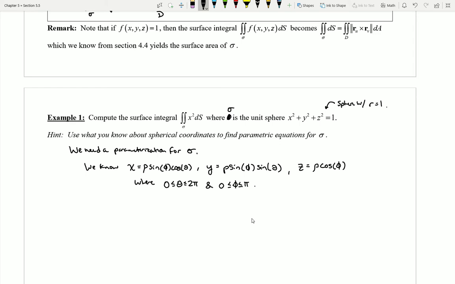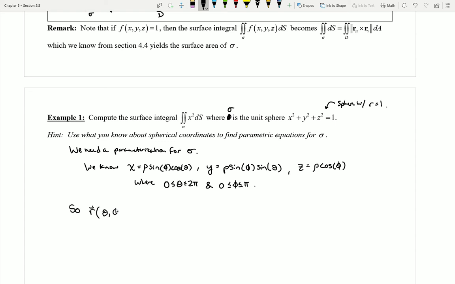Well, it's actually going to be really simple, because what I'll notice here is that the radius of my sphere is 1, which of course means that rho is a value of 1. And so what I can actually do is state this. So r, which I'll say is going to represent my parameterization of the surface, is going to have two variables.